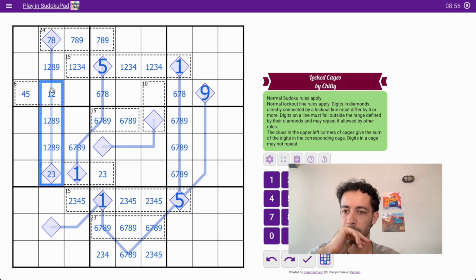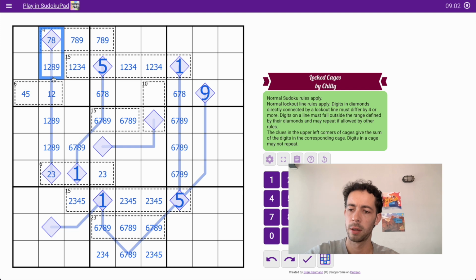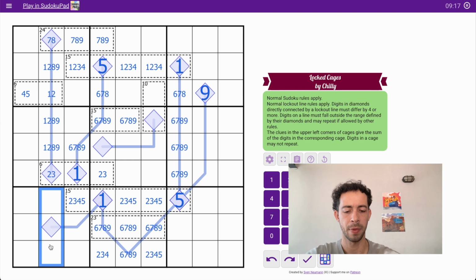That's kind of interesting. It's almost a penta or a sextuple rather, of 1, 2, 3, 8, 9. Wait, it is 1, 2, 3, 7, 8, 9. Huh. Okay. 4, 5, 6.